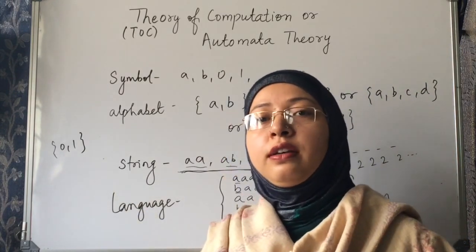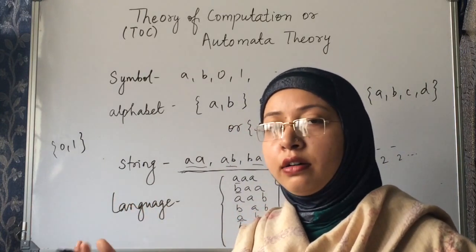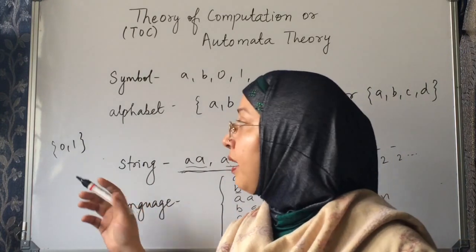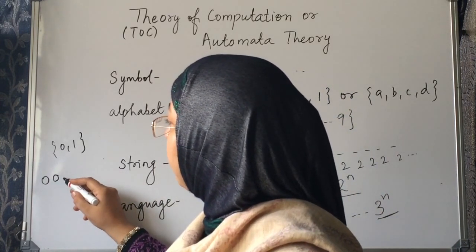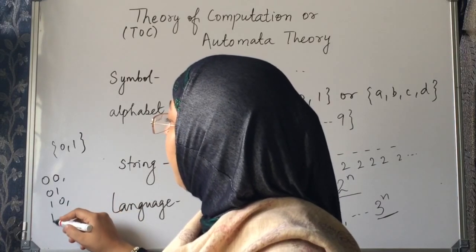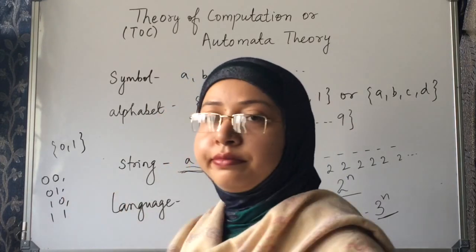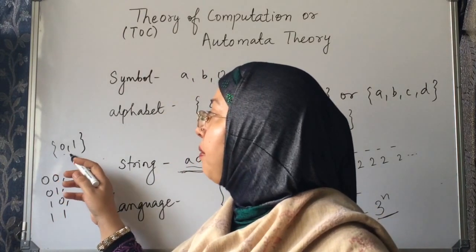Here also you will think of it like A and B. How you had done using A comma B, here also the strings possible are 0 0, 0 1, 1 0, 1 1. 4 strings.